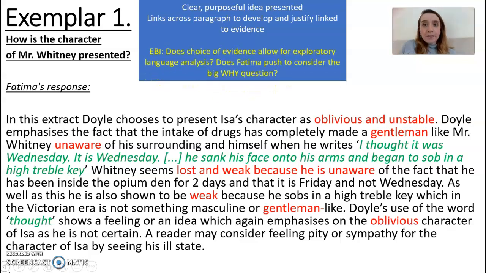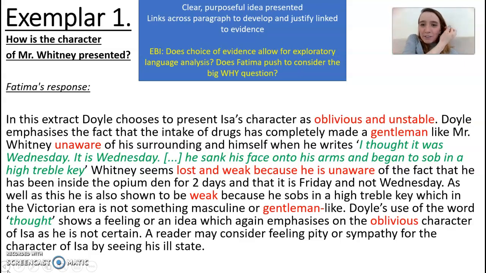Now, the thing that I think Fatima could push a little bit further is she could think about the evidence that she's choosing a little bit more carefully. I think this quotation is interesting, but I don't know whether she picks out the words and the ideas that she can really expand on. I don't know if it allows for that exploratory analysis.